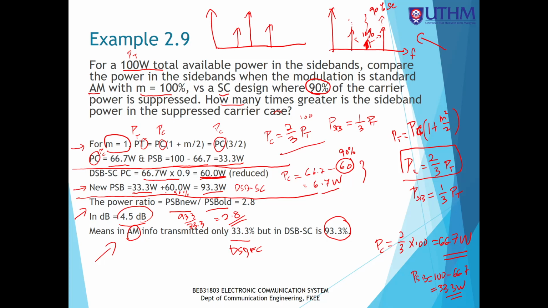As I mentioned previously, when we suppress the carrier component, theoretically the power will be distributed to the sidebands. So that 90% suppression is given to both sidebands. Initially, the sideband power is 33.3 based on the previous double sideband.